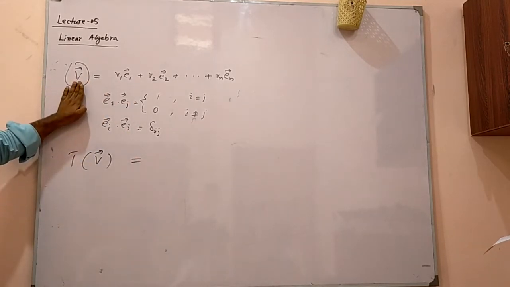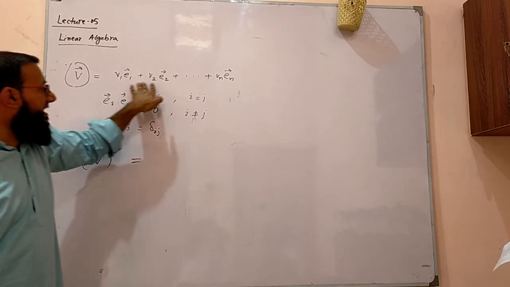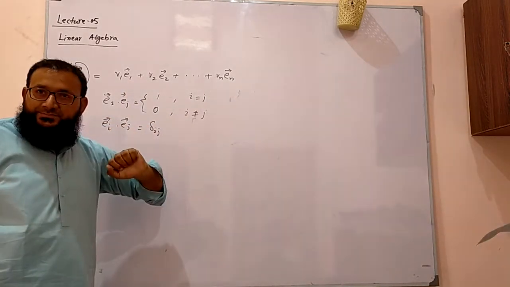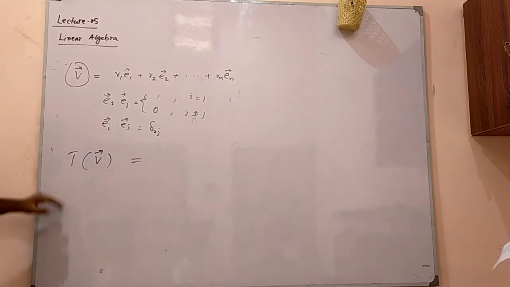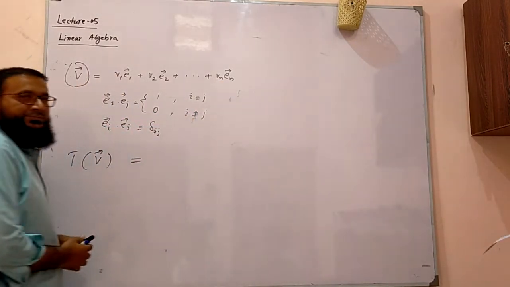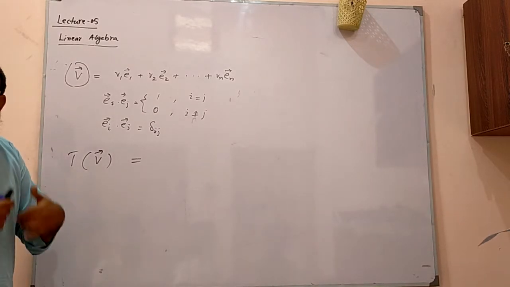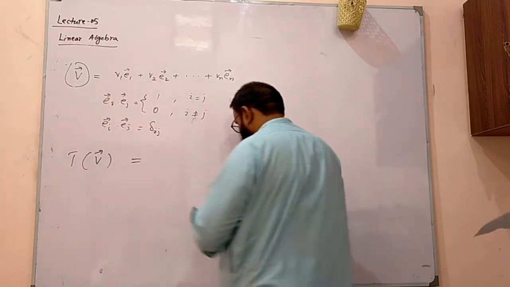You know very well, if I pick any vector in Rn, since we are only concerned about Rn, we are not concerned about any space, we can always write that vector into the linear combination of orthonormal bases. I am applying linear transformation. It means I will apply T on this whole thing. But you know very well T is linear. And what is v1?